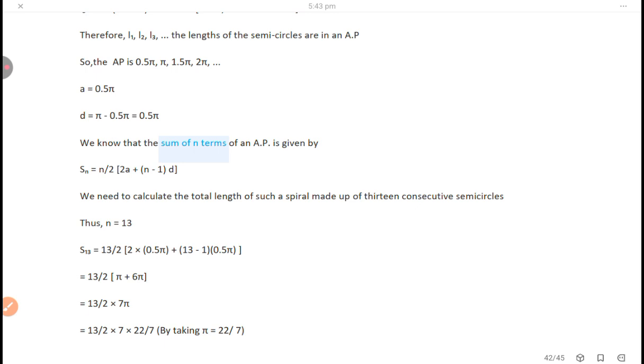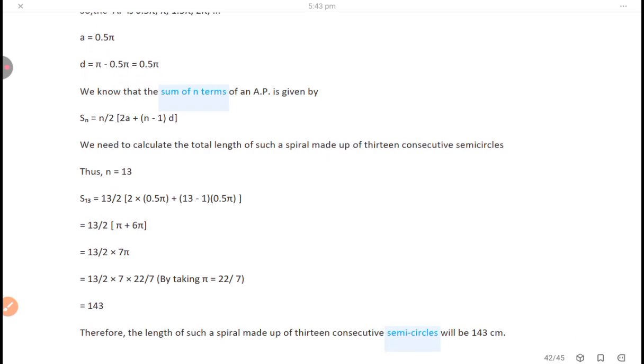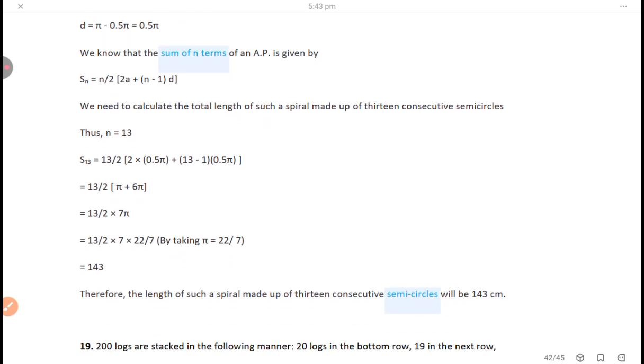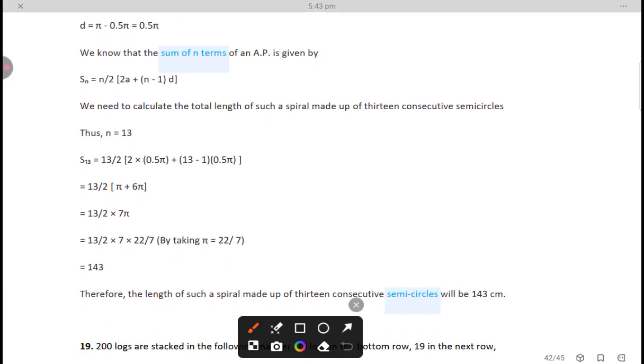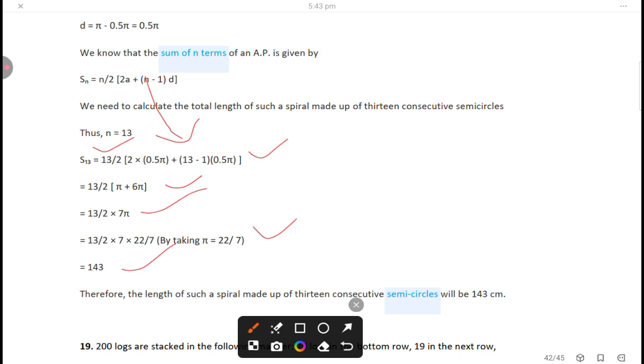You need to calculate the total of 13 such lengths, so n equals 13. Then you find the sum. Put all the information in this formula. So you will get 143. Therefore the length of such a spiral made up of 13 consecutive semicircles will be 143 centimeters.